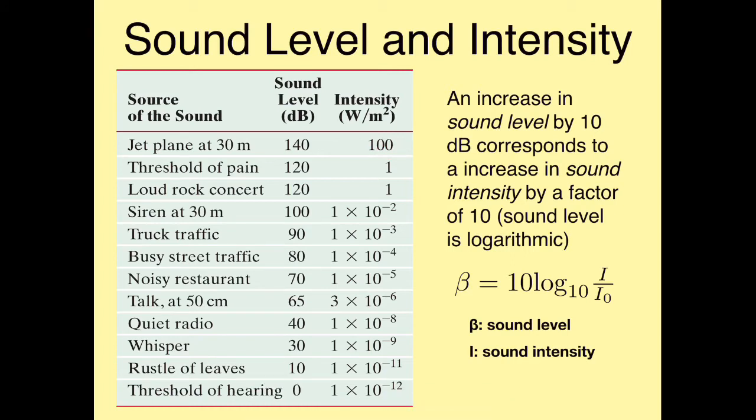Now, if you're at a loud rock concert, the sound level is around 120 decibels typically, which is almost painful. That's about 1 watt per square meter. If you're hearing a fire engine blaring a siren at 30 meters away, that's going to be about 100 decibels or 10 to the minus 2 watts per square meter. And there's some other values here, which I'm not going to go over, but the point is there's a relationship between the intensity and the sound level in each one of these cases given by the formula we just outlined. Beta is equal to 10 times the log base 10 of I over I naught.